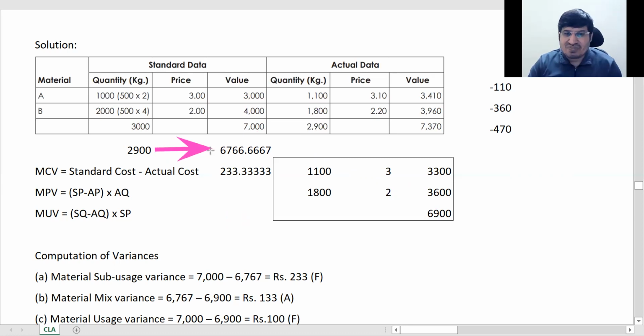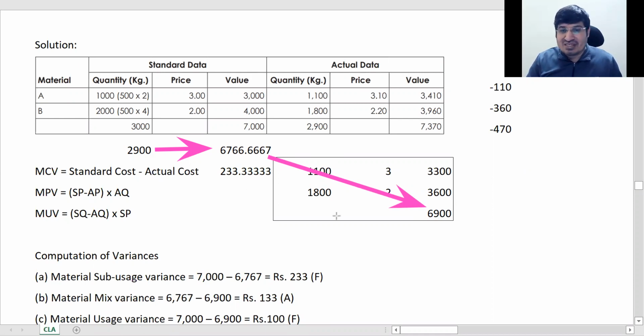If you see, in both your mix and yield or sub-usage variance, in both the cases you are using this value of revised standard quantity. Okay, because 6766 is your revised standard quantity value, right? This is used for yield variance, correct? I subtracted this from this. For mix variance, you will do this minus this. This is 2900 at the proper mix. This is 2900 at the actual mix.